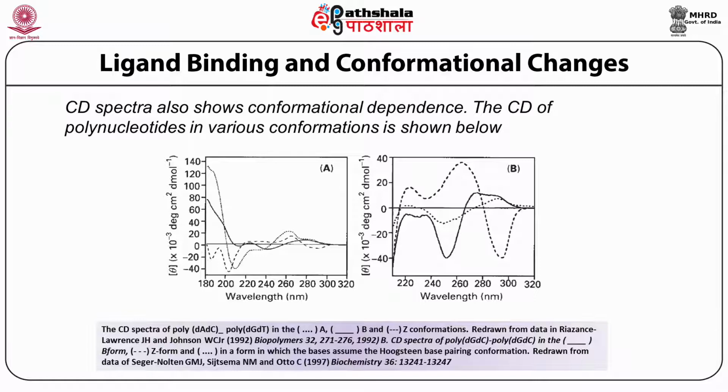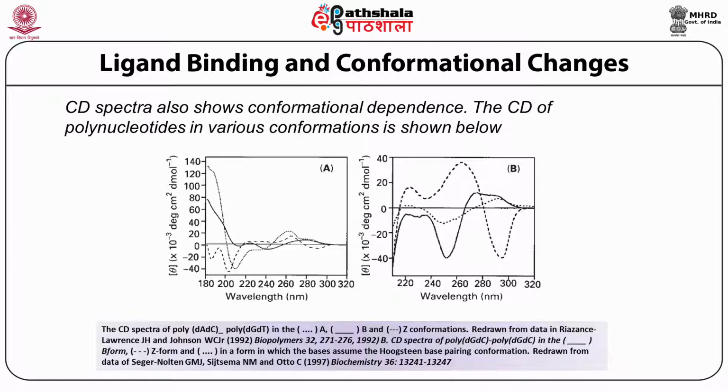The CD spectra also show conformational dependence. The CD of polynucleotides in various conformations is shown here. You can see here the CD spectra of poly-deoxy-ADC, poly-ADC, and Z conformation.